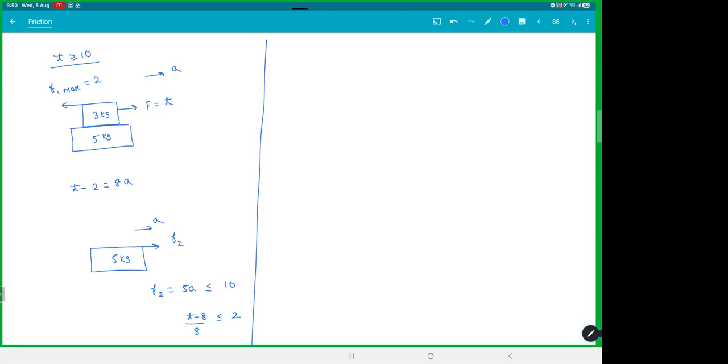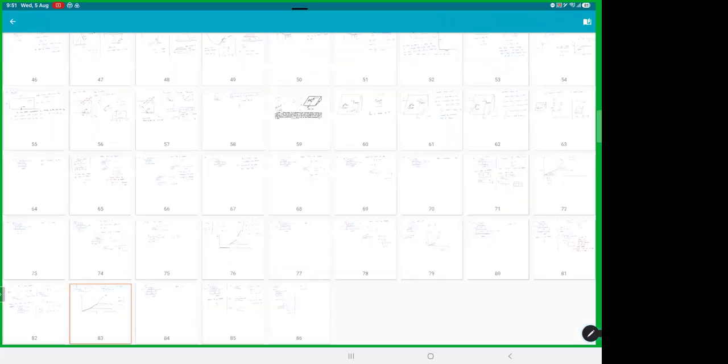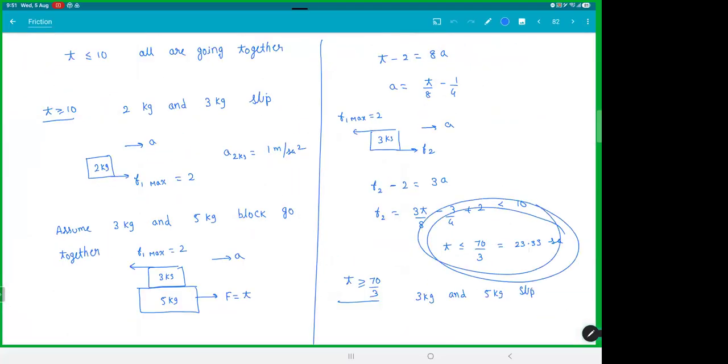Wait. Did I goof up something? t minus 2 is equal to 8a. This is t minus 2. 16, 18 seconds. Yeah, this thing changed. Did you see? Previously, when we did that, we got 23.33, 70 by 3 we got.